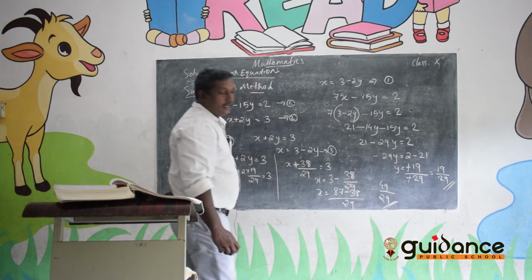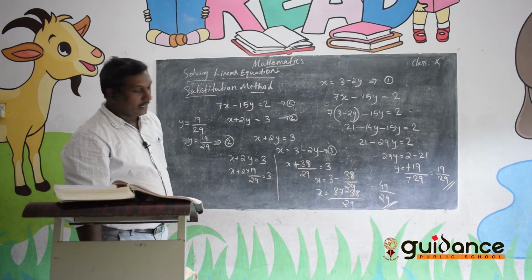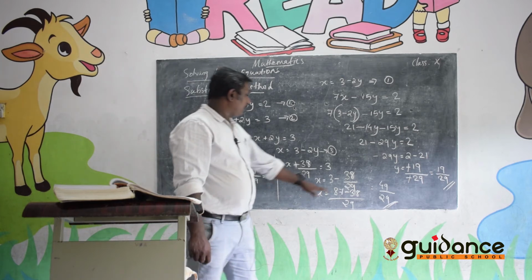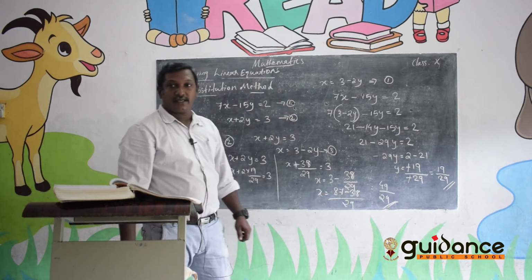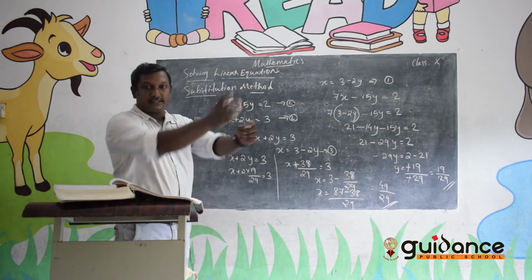So the value of x is 49 by 29. After solving this, we get it this way. Okay, got it. So we can see another example.